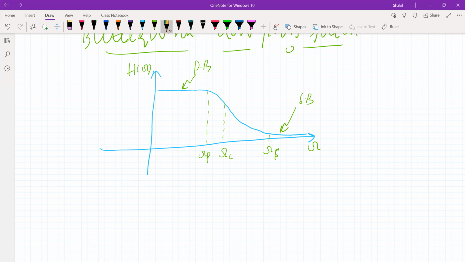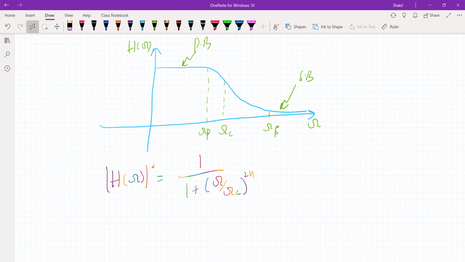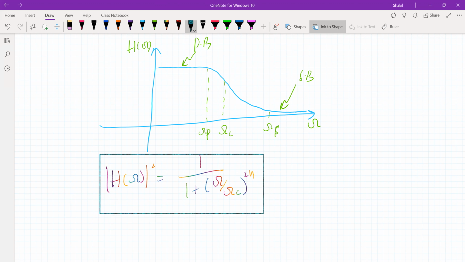Now I will give you the transfer function, H of omega, or you can write H of s also, by simply replacing omega by s over j. The magnitude square of the transfer function you can write like this. This is the transfer function of a low pass Butterworth filter. All right, so this will give you this characteristic.